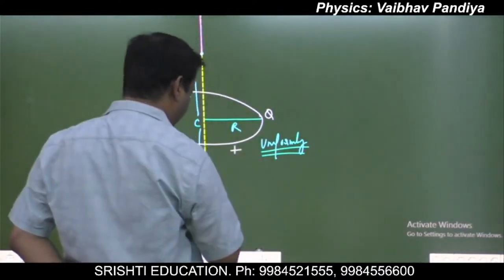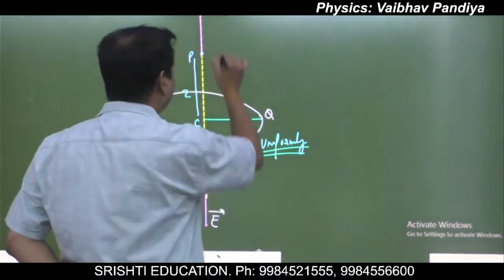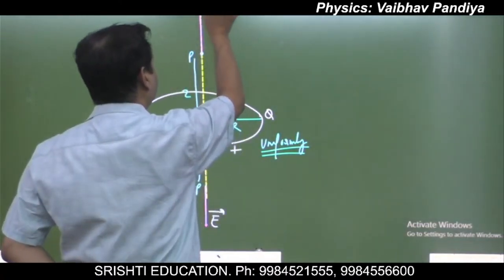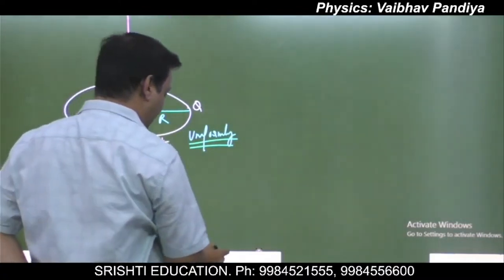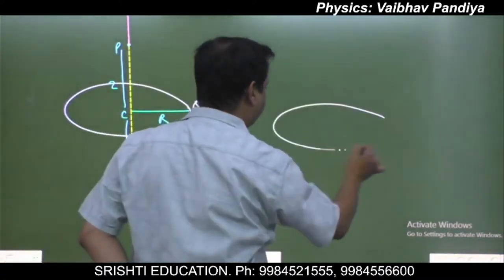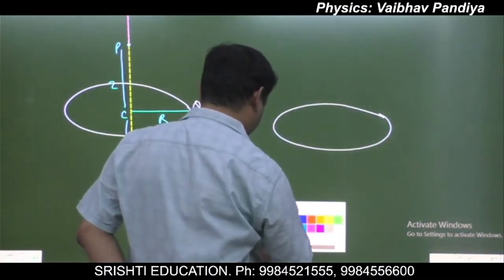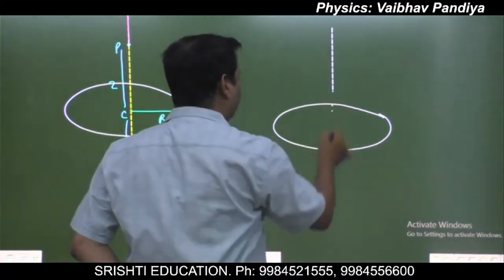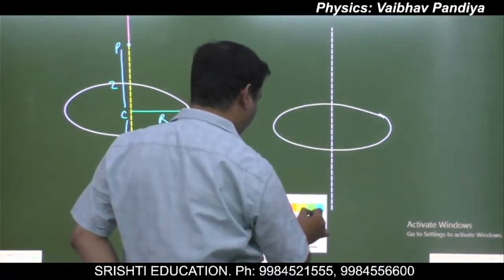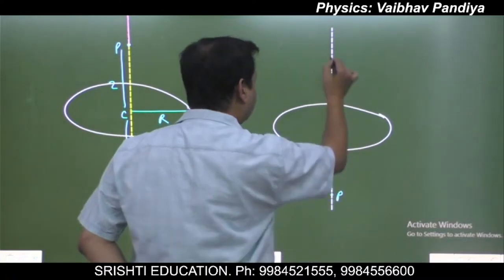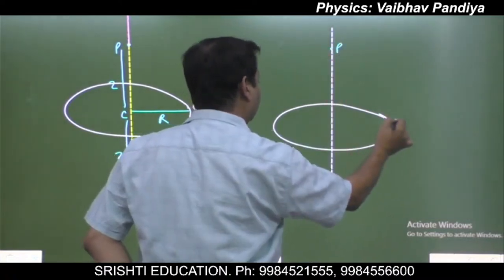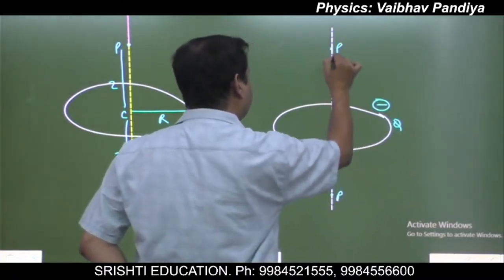If the ring is positive, okay? And the electric field will be towards the ring if the ring has negative charge.